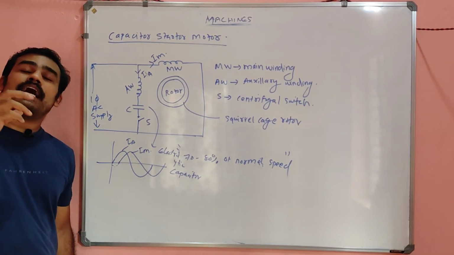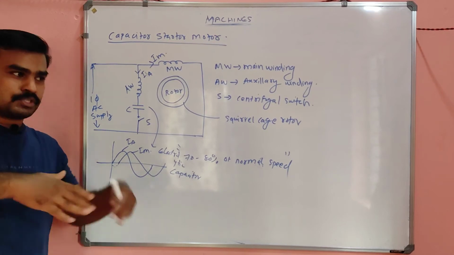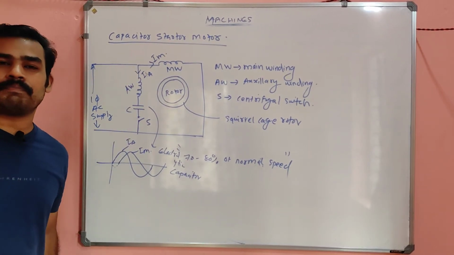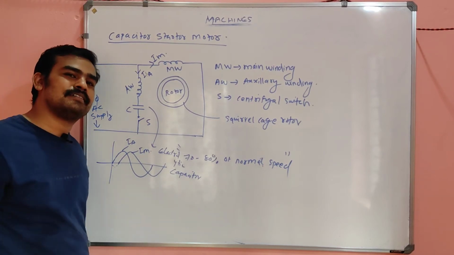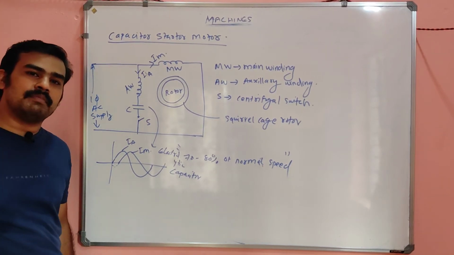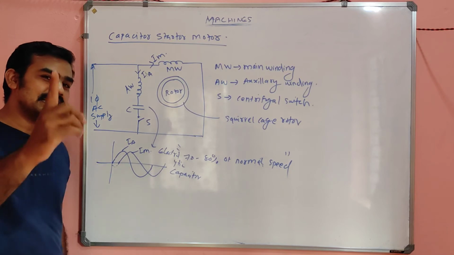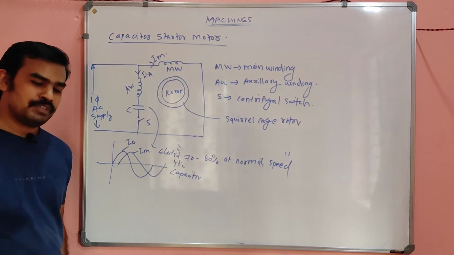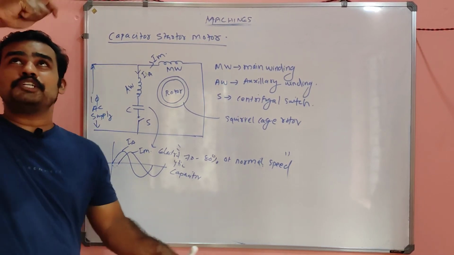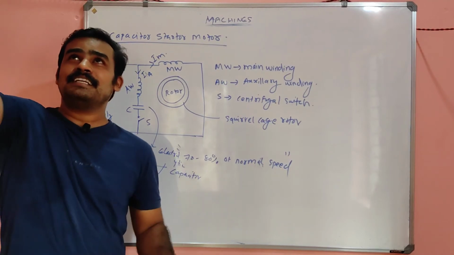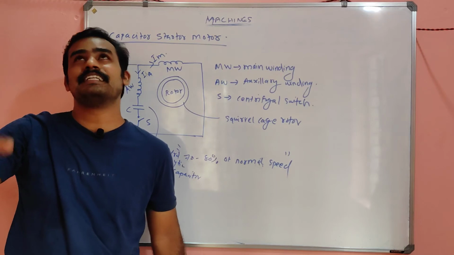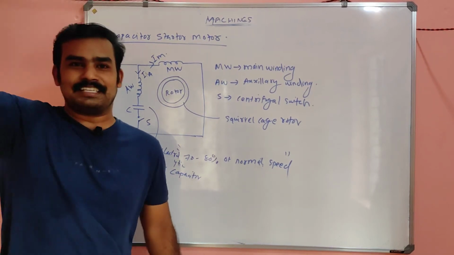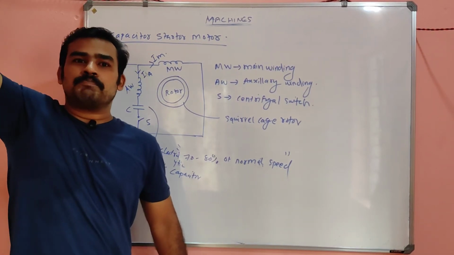Suppose 2-3 more years pass, what happens? When you switch on your fan, the fan won't work. Its capacitor is permanently damaged. At that time, there is a way to rotate it. You take a stick and move the fan in the anti-clockwise direction to pick up some speed.